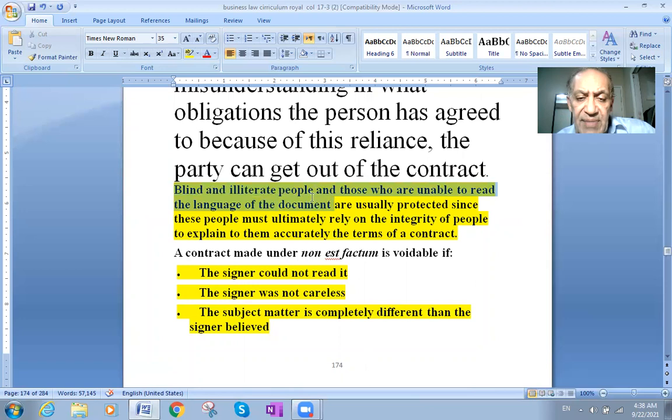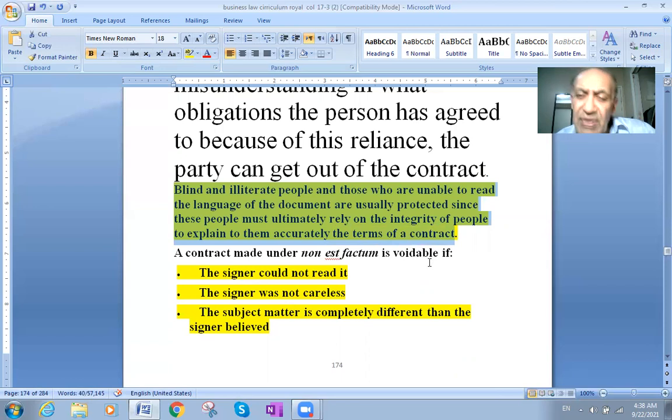Blind and illiterate people, and those who are unable to read the language of the document, are usually protected, since these people must ultimately rely on the integrity of others to explain to them accurately the terms of a contract.